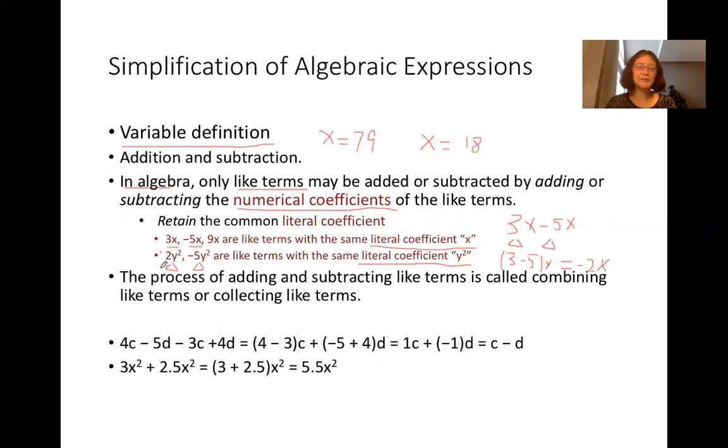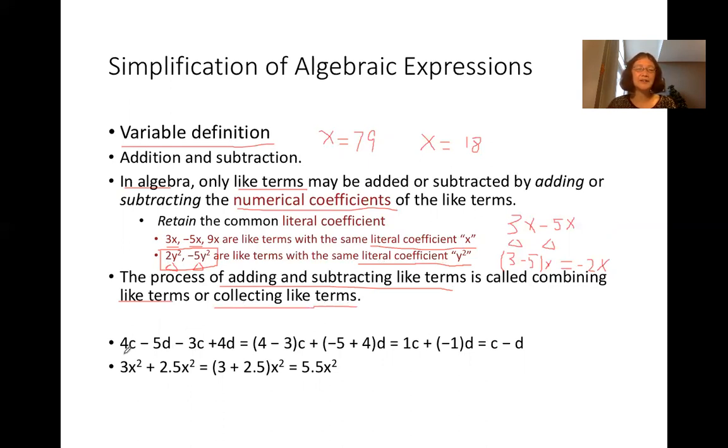So in this example, 2 and negative 5 are numerical coefficients. Y squared is the literal coefficient. The process of adding or subtracting like terms is called combining like terms or collecting like terms.